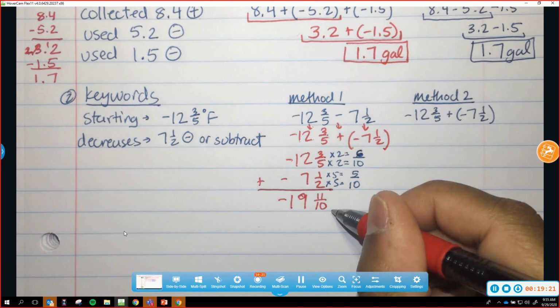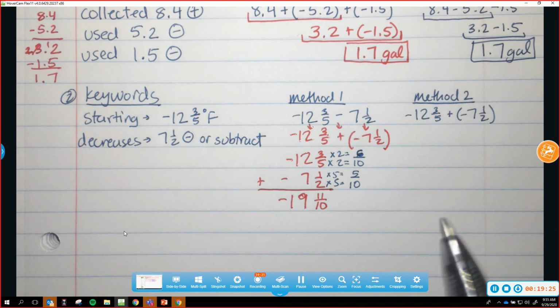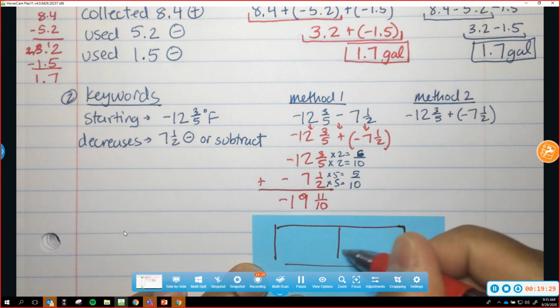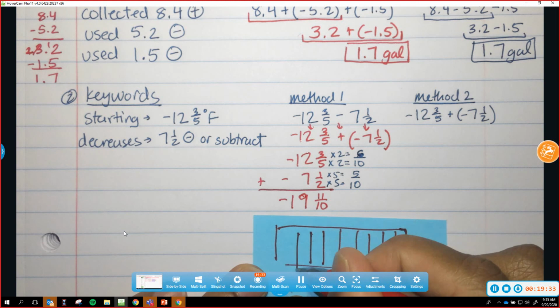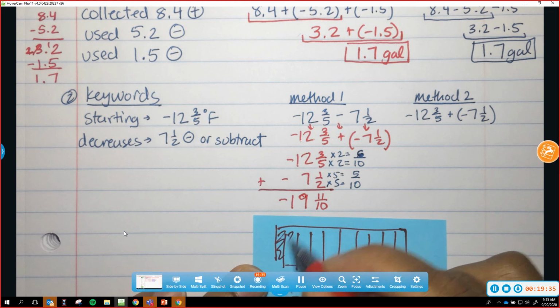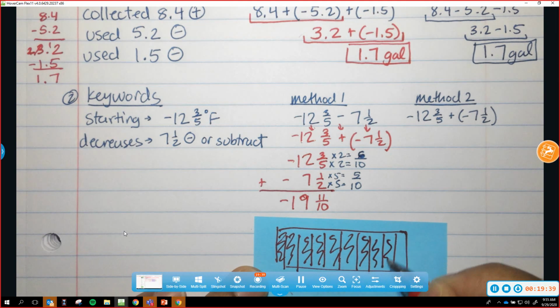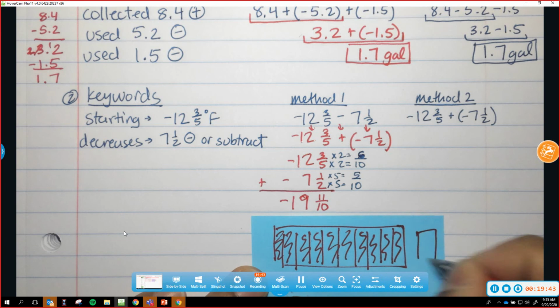So 11 tenths, that's like one whole. Think about it this way: you have to shade 10 out of 11. So 1, 2, 3, 4, 5, 6, 7, 8, 9, 10. Well, that's 10 out of 10 shaded. I need an extra 1 to shade it.